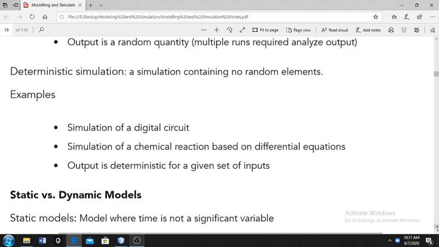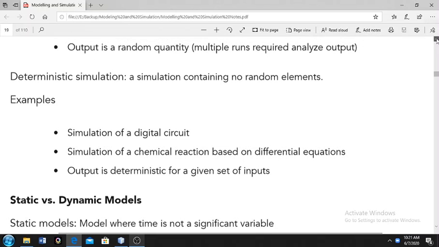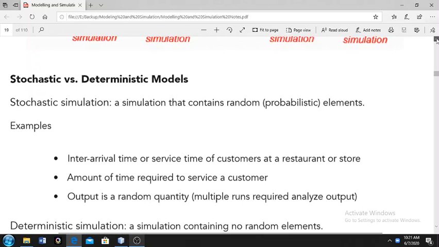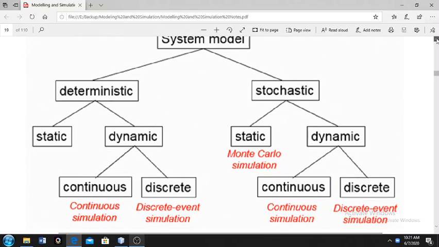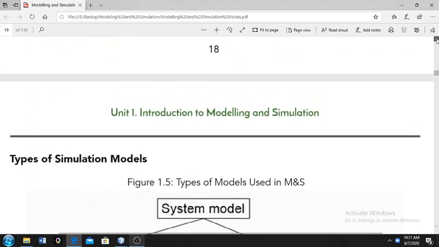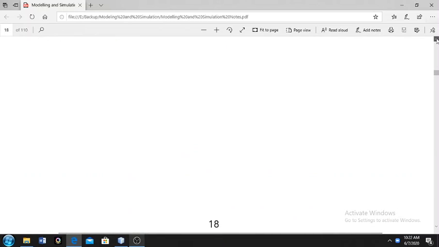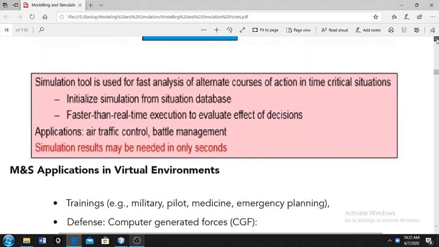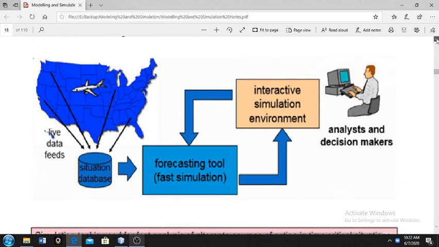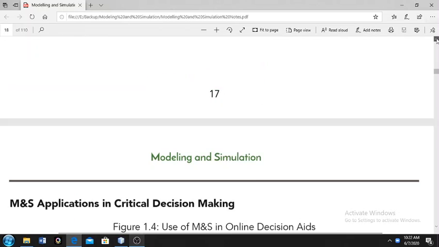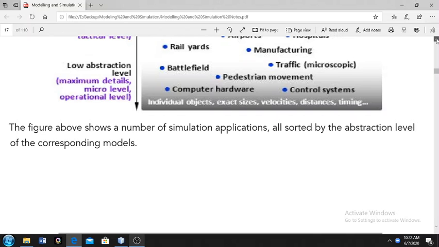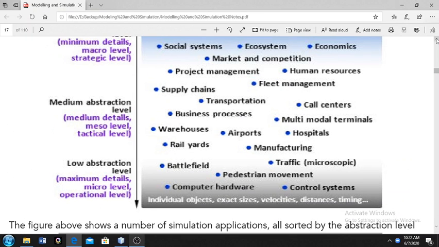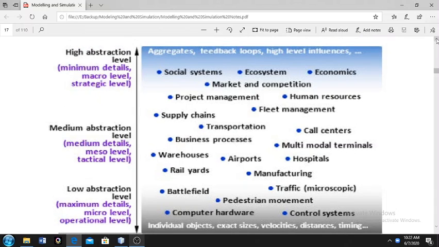So we have seen the types of applications, and we have seen that we have low level abstraction, then medium level abstraction, and then high level abstraction.